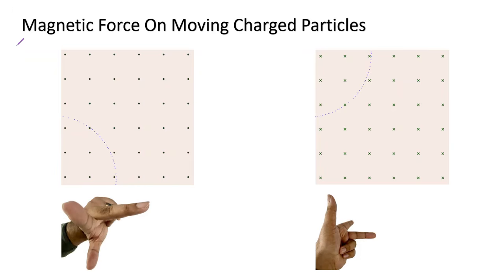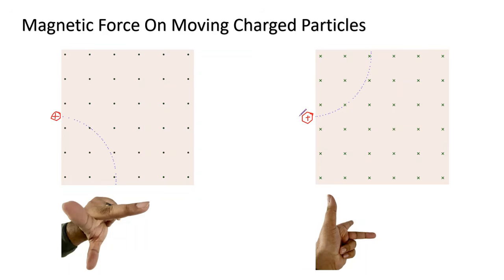Then we have magnetic force on moving charged particles. Let's say in both scenarios you have a positive charge entering a magnetic field. The charge is positive in both scenarios, okay? In the first scenario, the magnetic field is represented with dots.